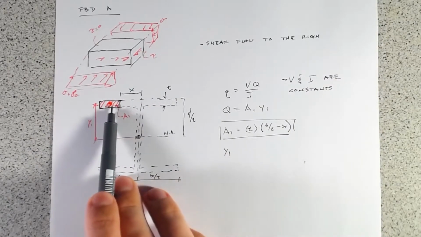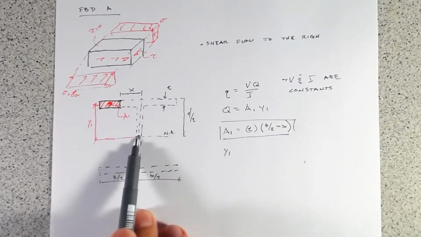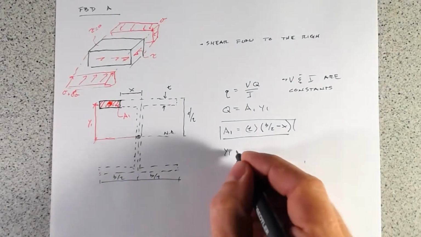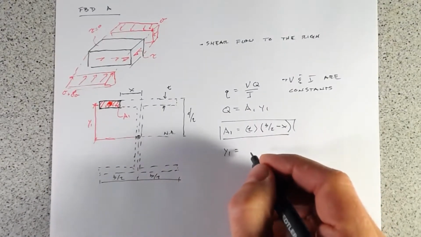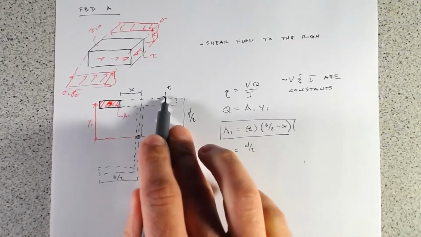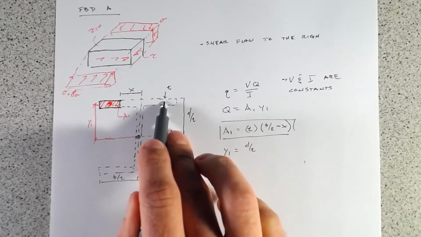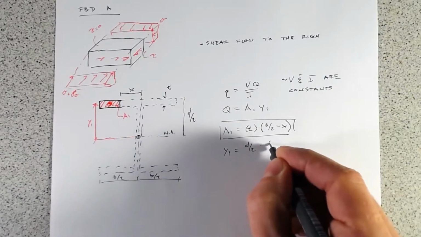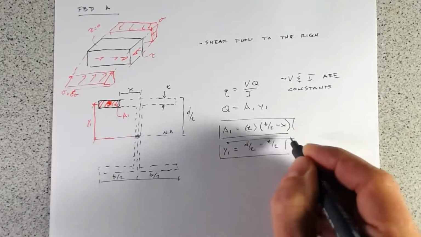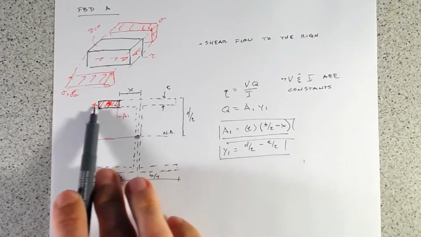It's going to be right in the middle here. And that distance to the neutral axis doesn't change. So Y1 equals just D over 2, so half the height, minus half the thickness here, minus T over 2. And so that's going to be the same all the way across.